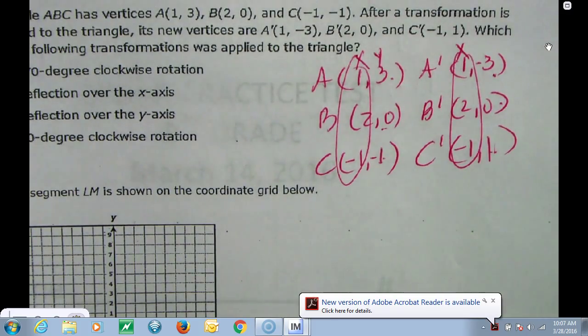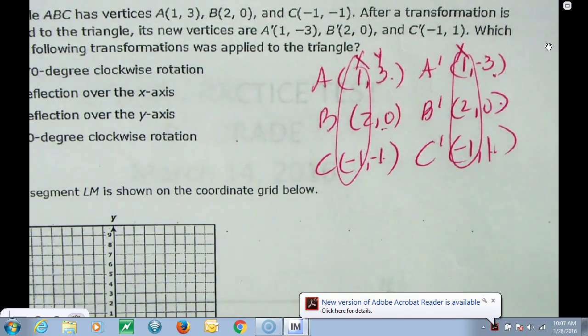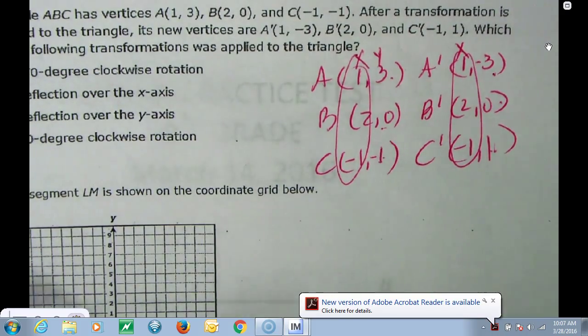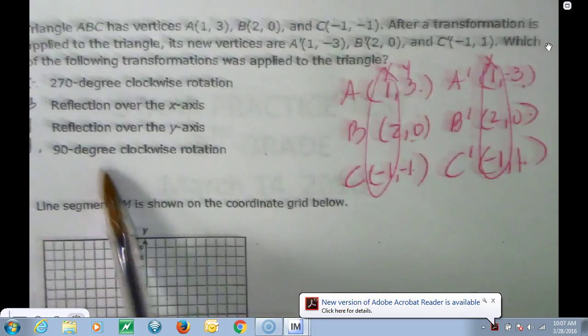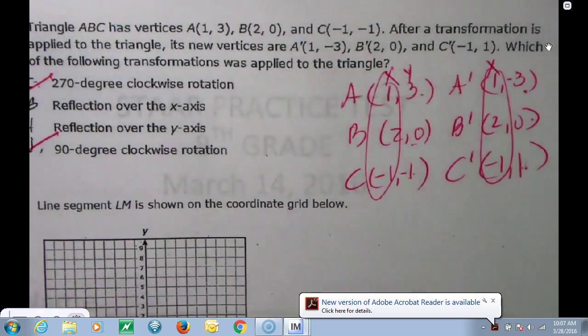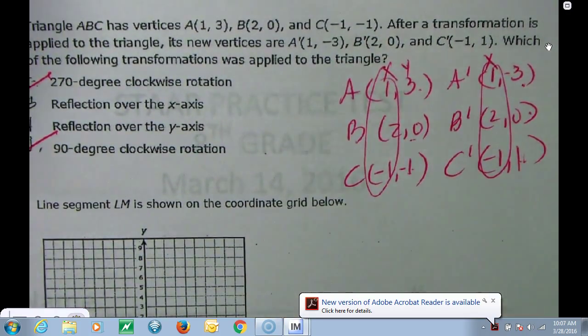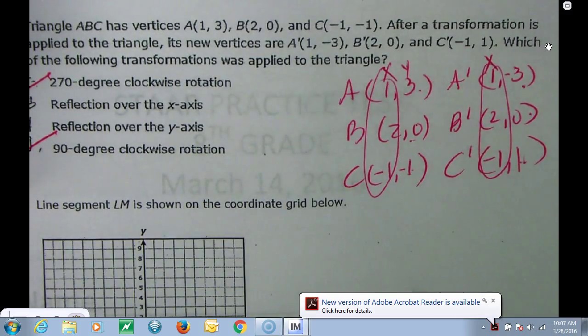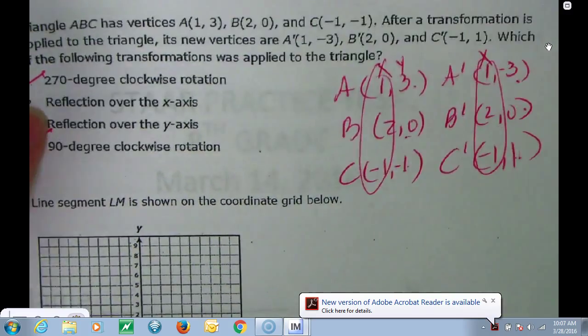So 90 and 270, what do you do? Switch the numbers. Look at the quadrant for the sign. So if it's a 270 or 90-degree rotation, I got to flip the numbers. They didn't flip any numbers, did they? Nope. So they did a reflection.